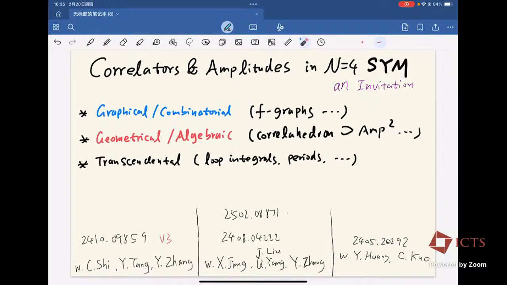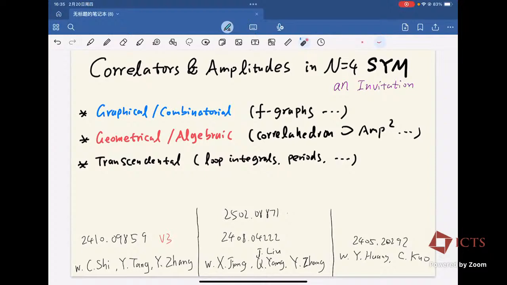And then in the last part, I will talk about some recent work on trying to do these integrals, or study some aspects of the integrated results that appear in this observable. So these are based on the following works. In this paper, we did the F-graph bootstrap with Canxin, Yichao, and Yaoqi.